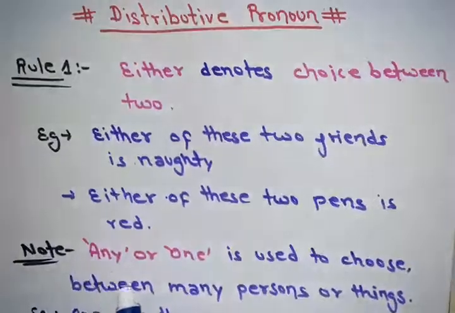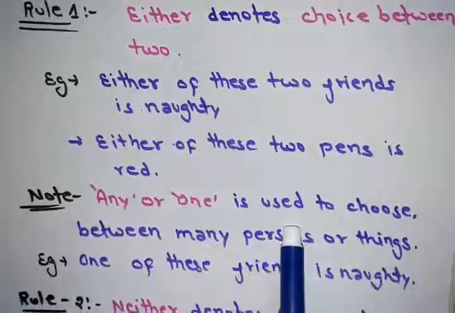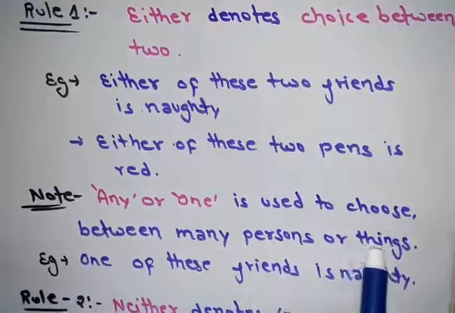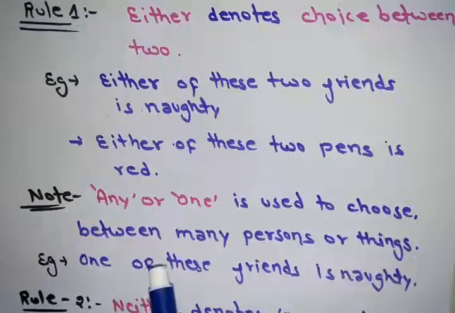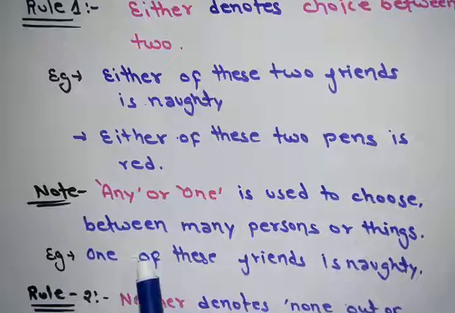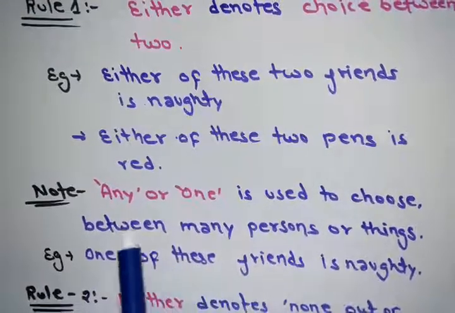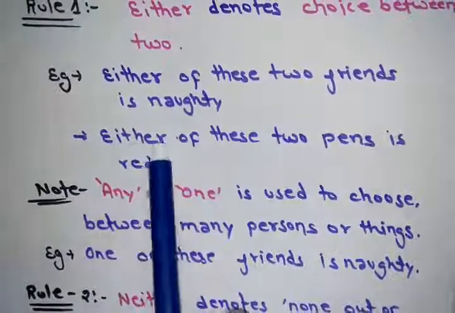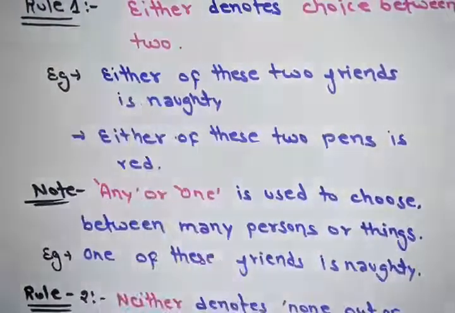And there is a note: any or one is used to choose between many persons or things. For example, one of these friends is naughty; we use one here, not either. Okay, either is only used for twos.